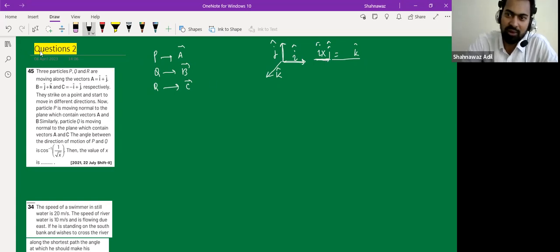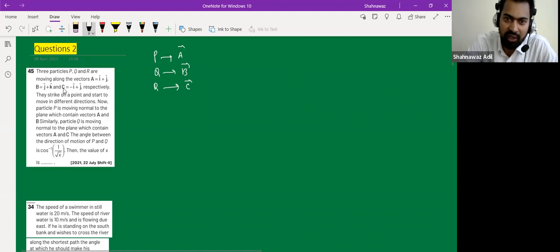So now let's get back to this question. A, B, C, respectively, they strike on a point and start to move in different directions.